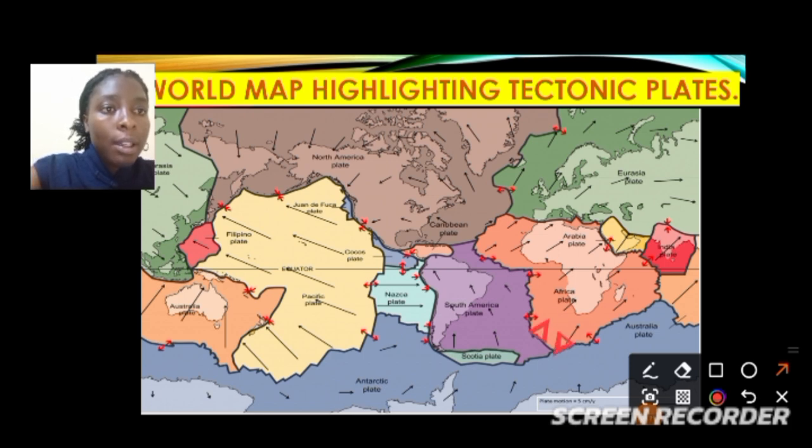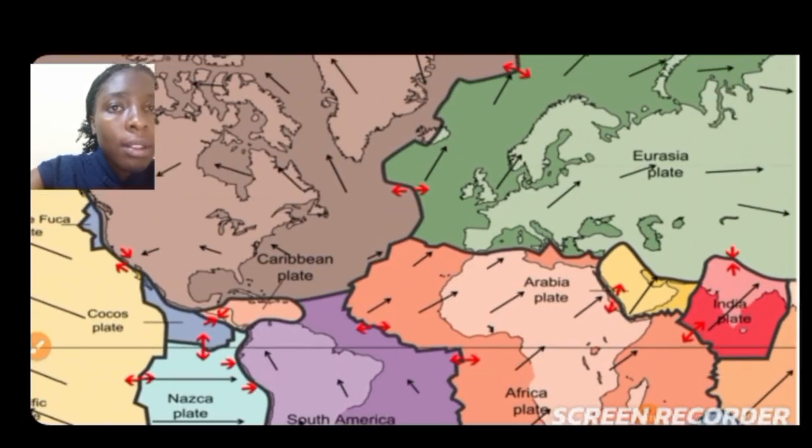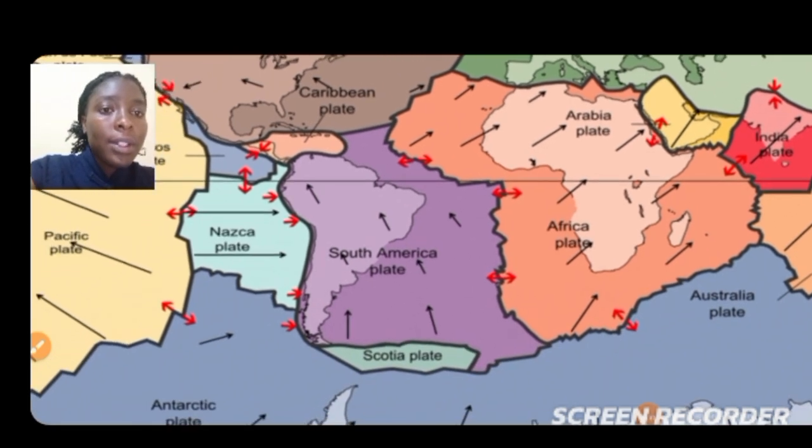You can see the African plate. We have the South American plate. You can see it very well indicated with arrows. We have the Indian plate, the Eurasian plate, the Australian plate.